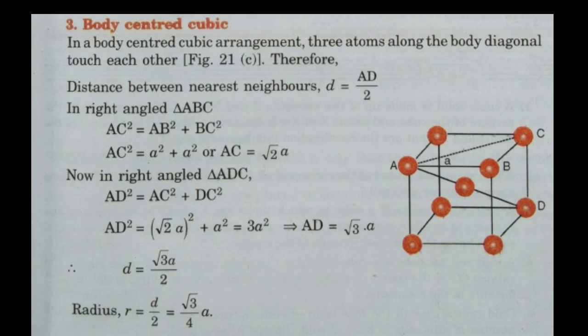Therefore AD is equal to root 3a. Now the nearest neighbor distance is d equals AD by 2, so d equals root 3a by 2, and the radius will be half of d. So r equals d by 2, which equals root 3a by 4 after calculation.